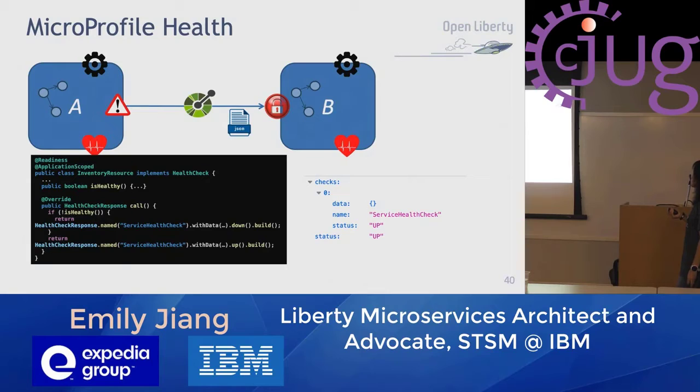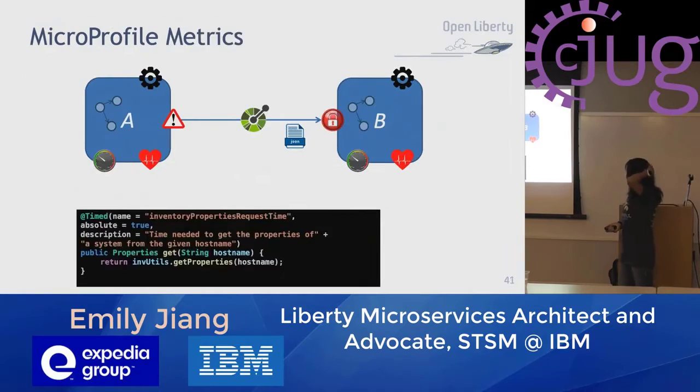And when you poke that endpoint, you will get a response like this. And obviously, you can put some business logic here. For example, if you rely on the database and you cannot connect to the database, you will return down. And then when you poke that URL, you will get a down instead of up.